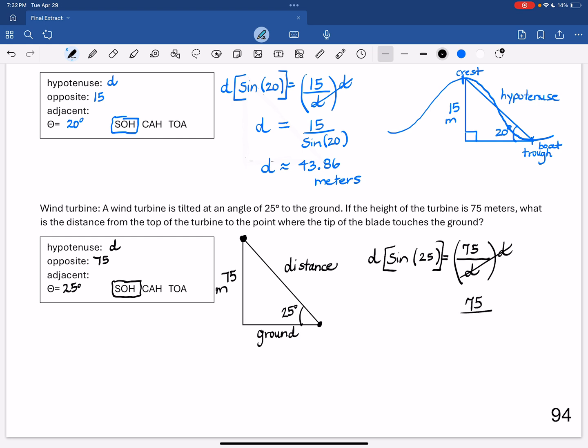And then divide out sine 25. So that distance is going to be approximately 75 divided by the sine of 25. I know it has to be greater than 75 because hypotenuse is the longest side. And it is about 177.47 meters. And that's massive.